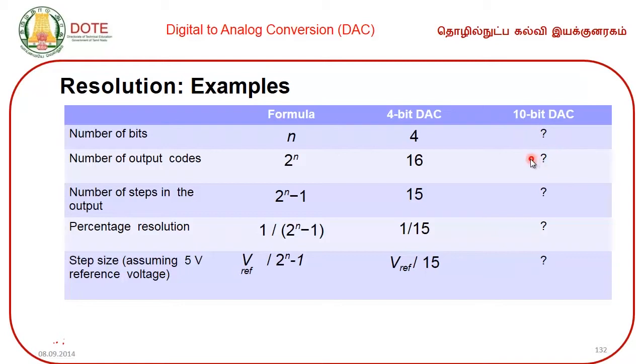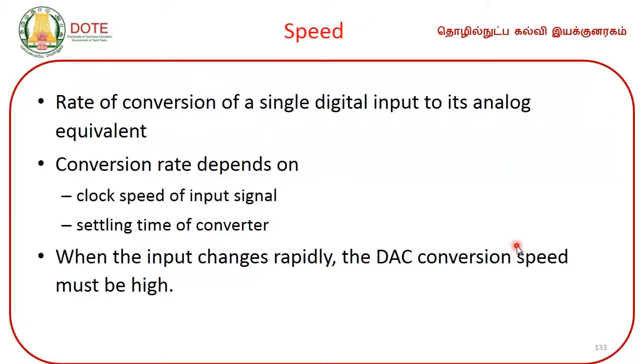Here with 10 bits of data, how many possible input combinations can we generate? 2 to the power 10, 1024 different input combinations at the input of the digital to analog converter. How many steps in the output? Minus 1, 1023. So like that you have to understand the spec.